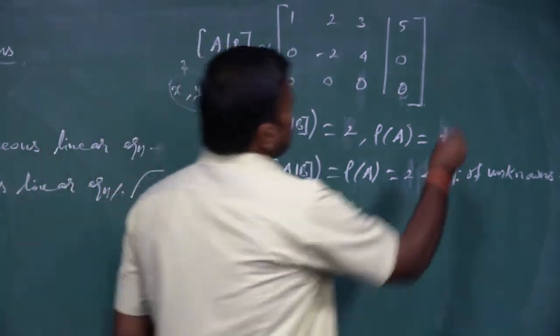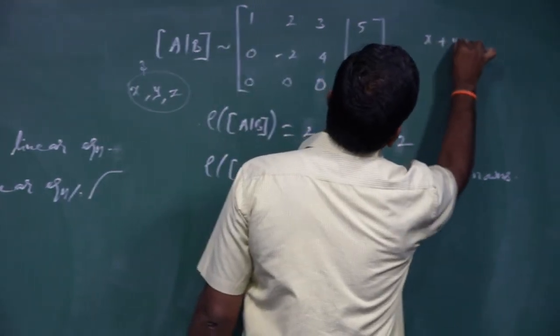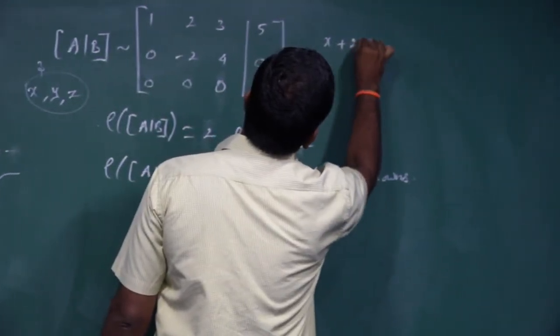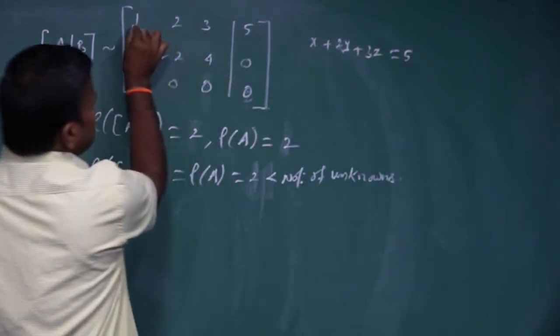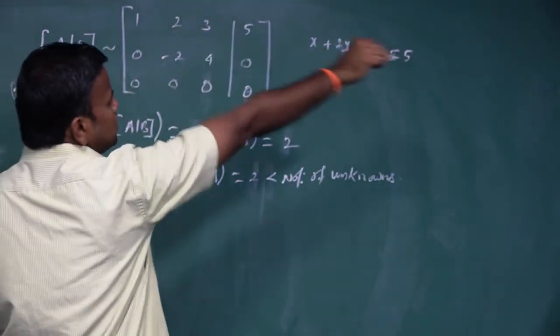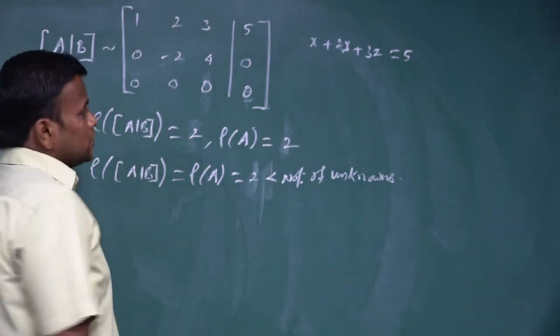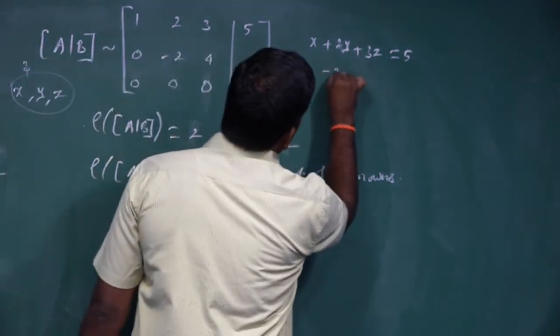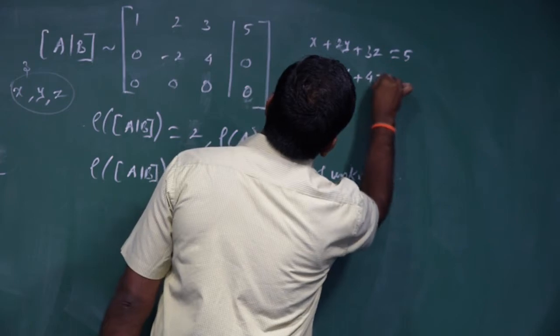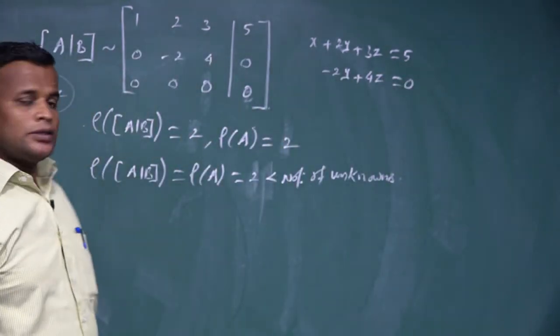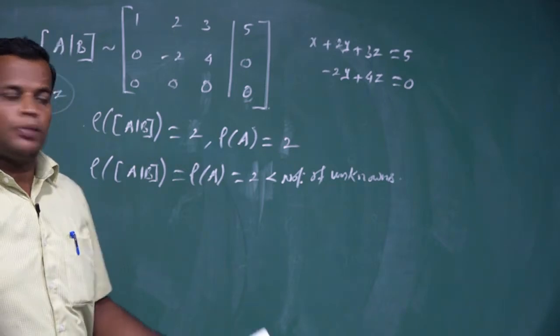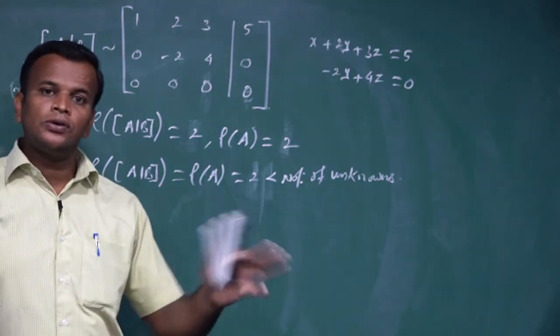We write the first one: x plus 2y plus 3z is equal to 5. Second equation: minus 2y plus 4z is equal to 0. The third equation we can't frame because all elements are 0. So 0 equals 0.